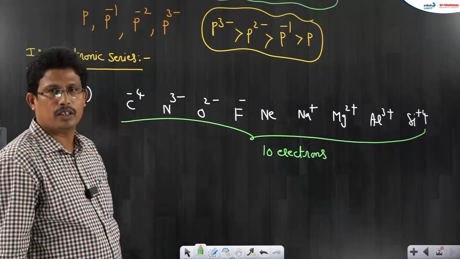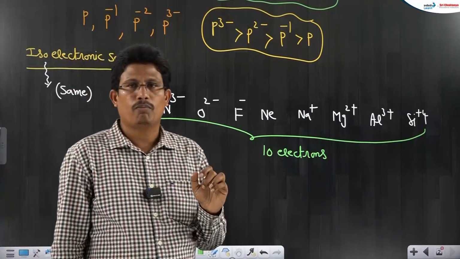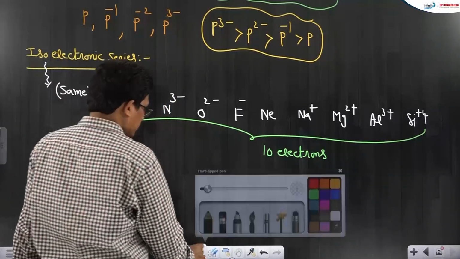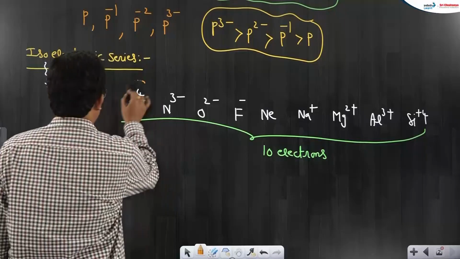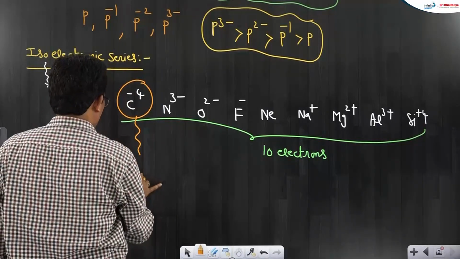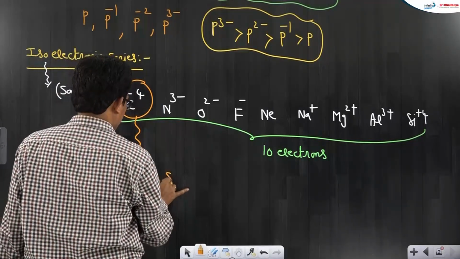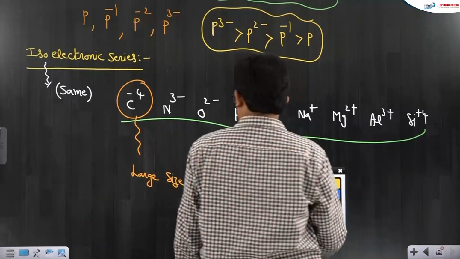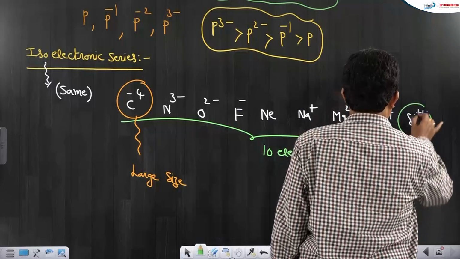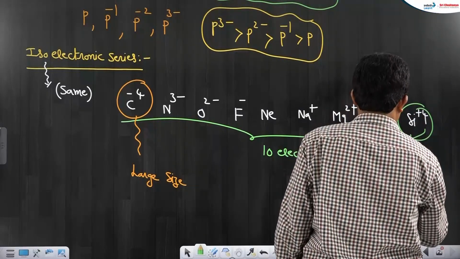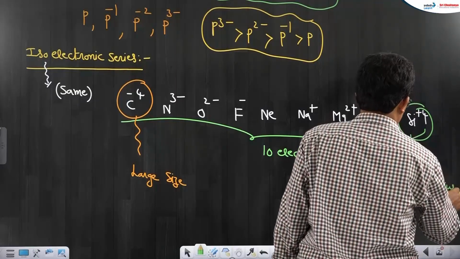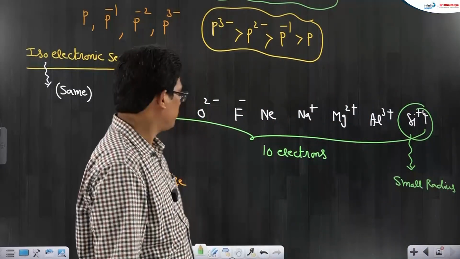In an isoelectronic series, the ion with more negative charge has a large radius. So here the carbide ion has the largest radius. The ion with more positive charge has a small radius, or small size.